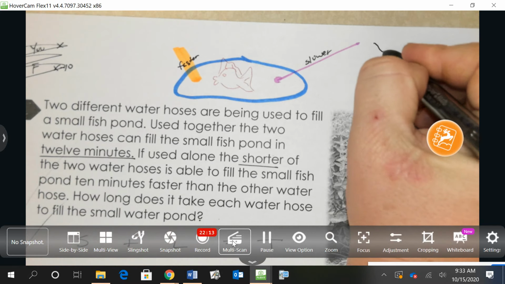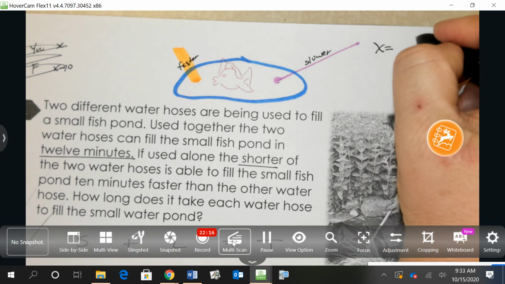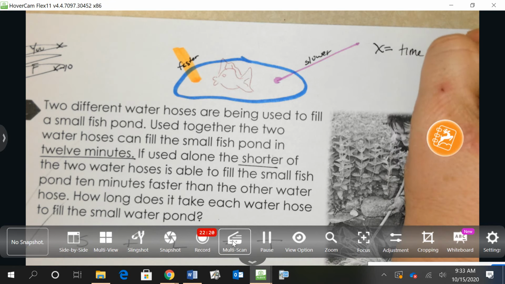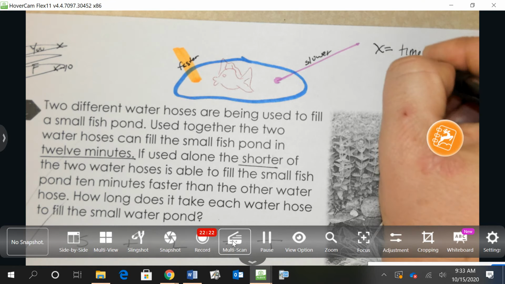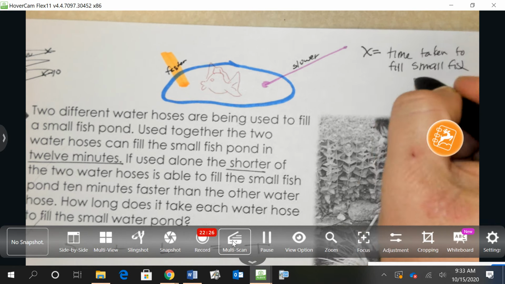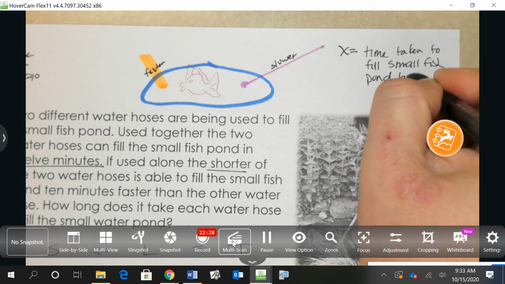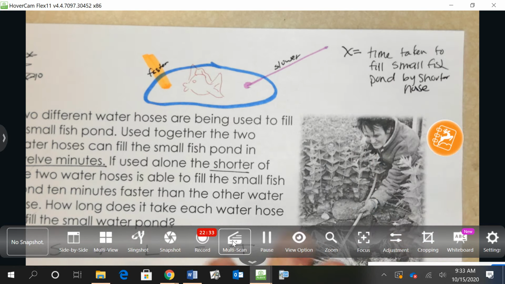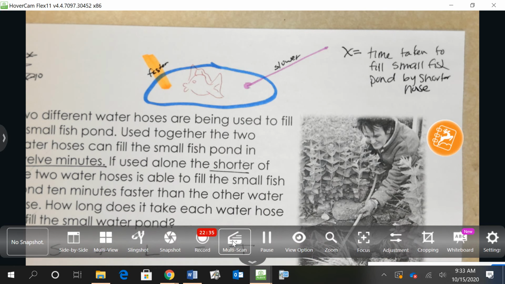So if I say X equals the time taken to fill the small fish pond by the shorter hose. X is the time it takes to fill the fish pond by the shorter hose.